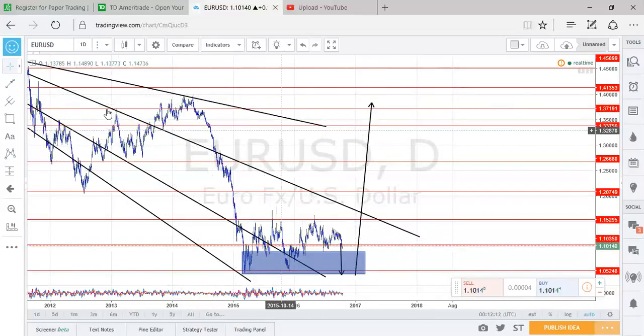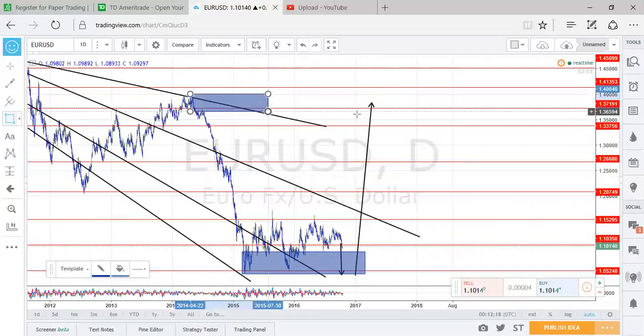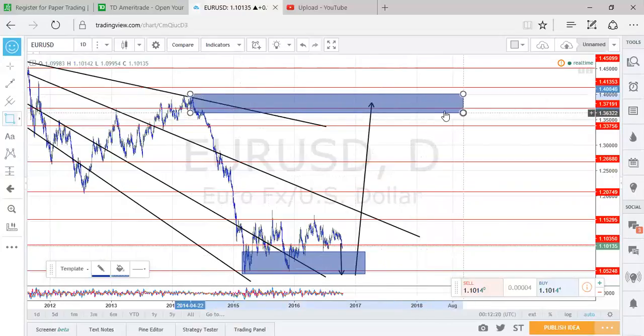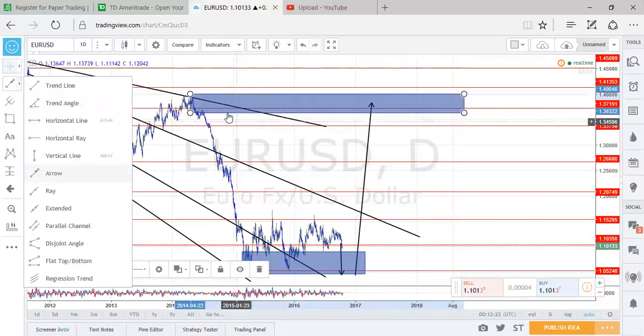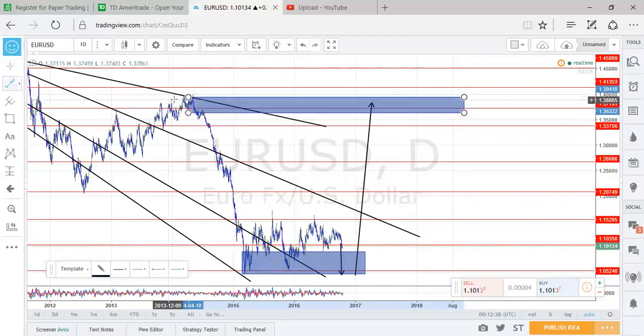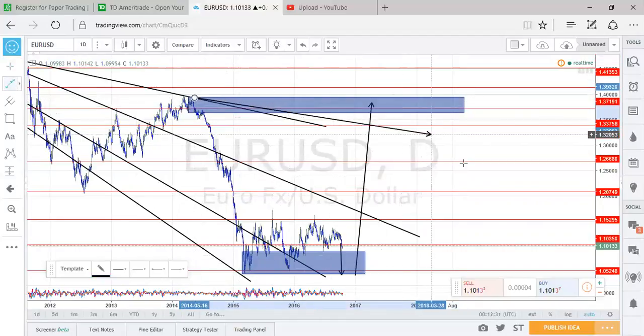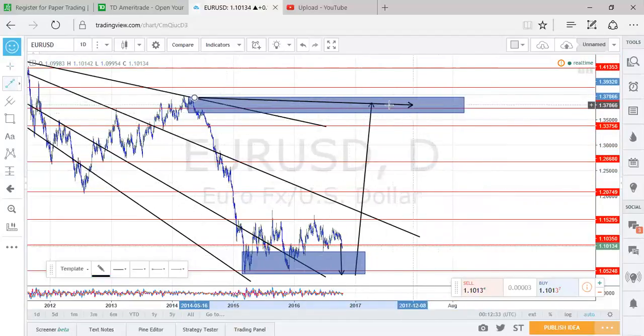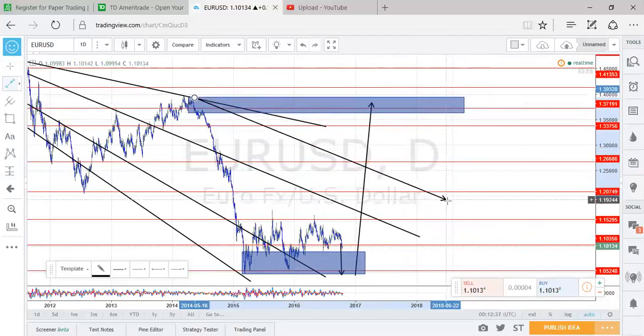As long as, if this shoots up, if it doesn't surpass this zone, it's still considered the downtrend. Anywhere from here, anywhere below this blue demand zone would still be considered a downtrend.